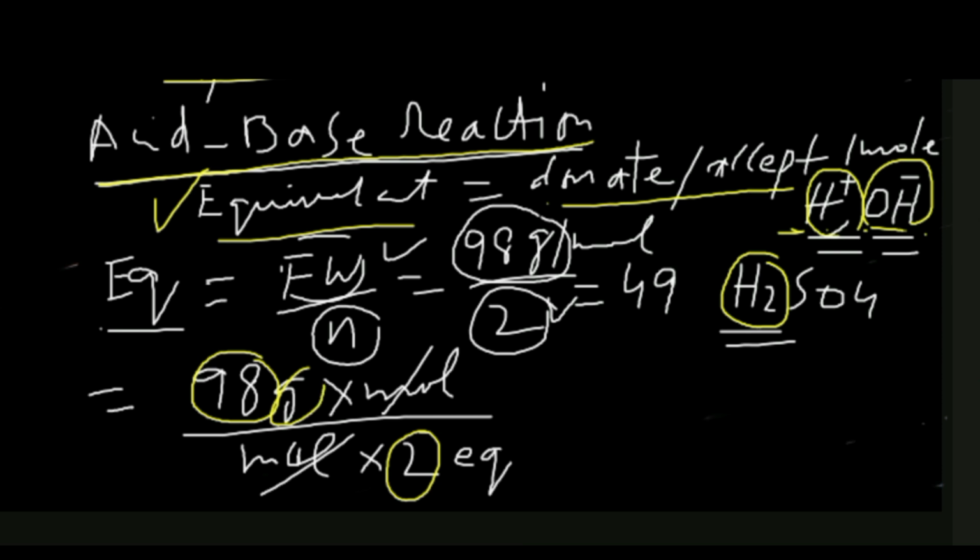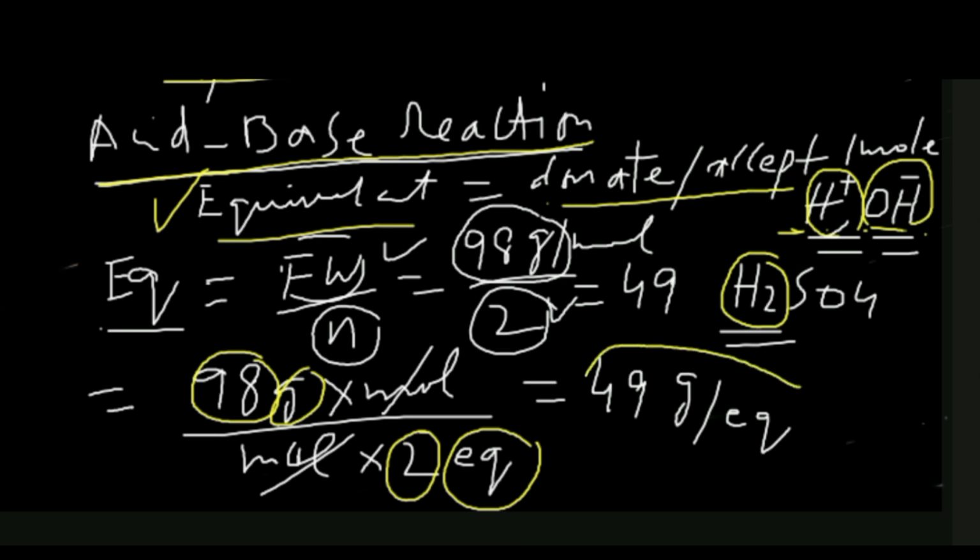Now we have the units of gram and equivalent remaining, so this is equal to 49 gram per equivalent. So we have the equivalent weight of sulfuric acid, which is 49 gram per equivalent of H2SO4. In this way you can determine the equivalent weight of sulfuric acid in acid-base titration.